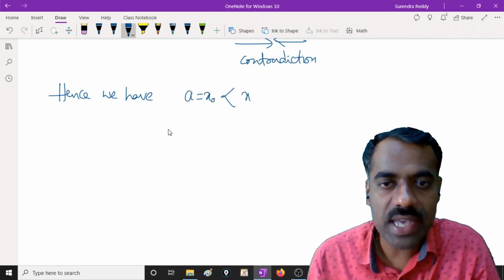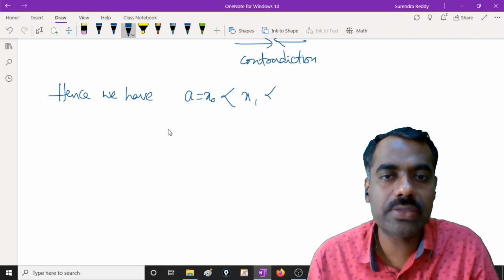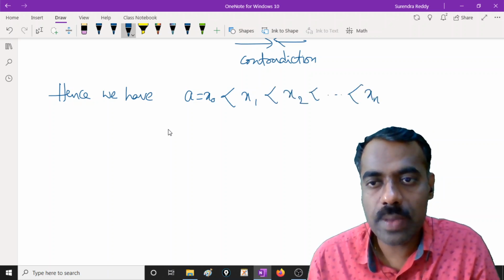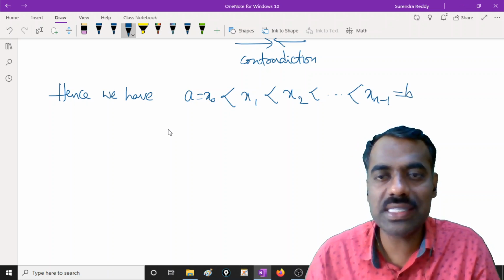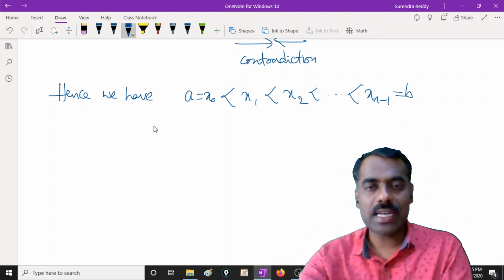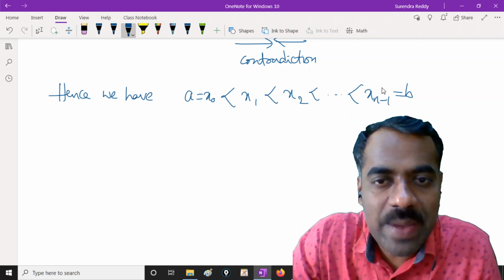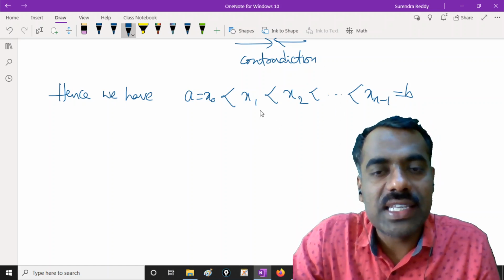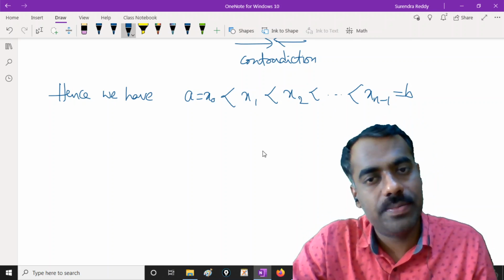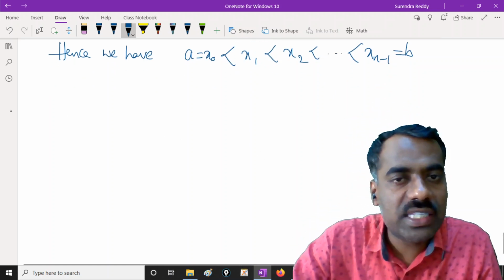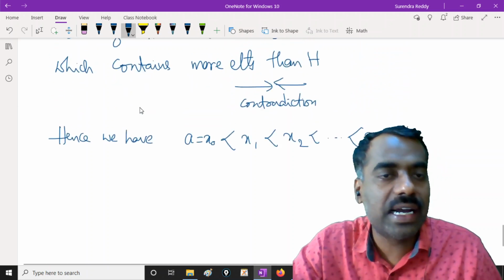We can now write x naught is covered by x1 and x1 is covered by x2 and so on up to xn minus 1, which is B. Is this clear? So that shows that whenever A is less than B, we can definitely find intermediate elements such that one is covered by the other. Right? Fine. This is the theorem, which is only true for finite posets.